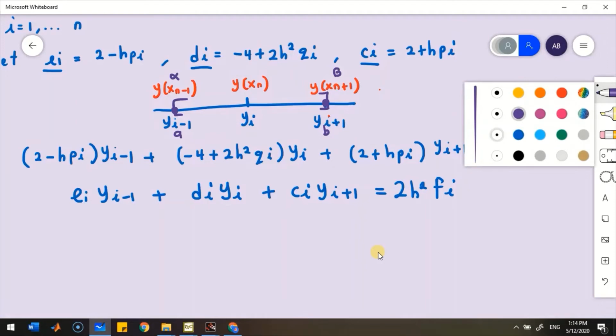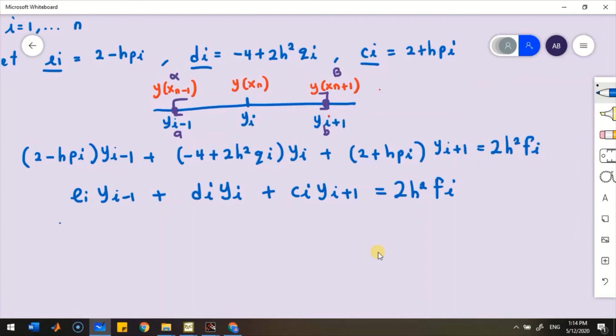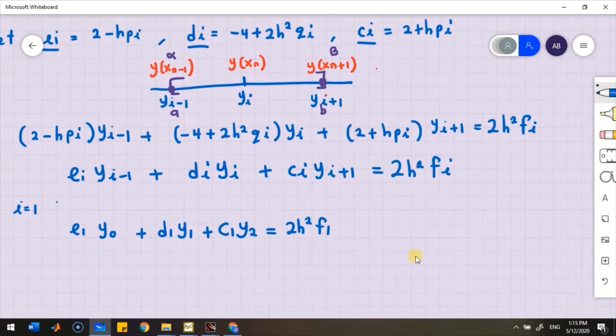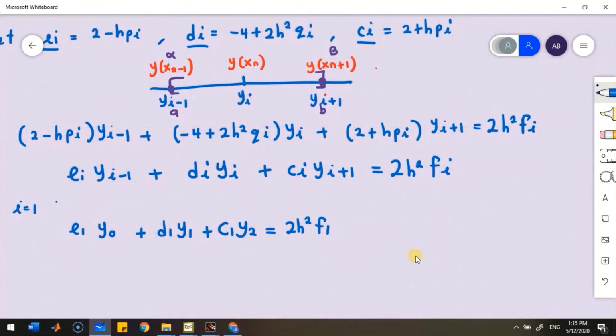So now let's consider i equals 1 to n. Let's start with i equals 1, we have E1 y0 plus D1 y1 plus C1 y2 equals 2h squared f1. What is my y0? My y0 is alpha.